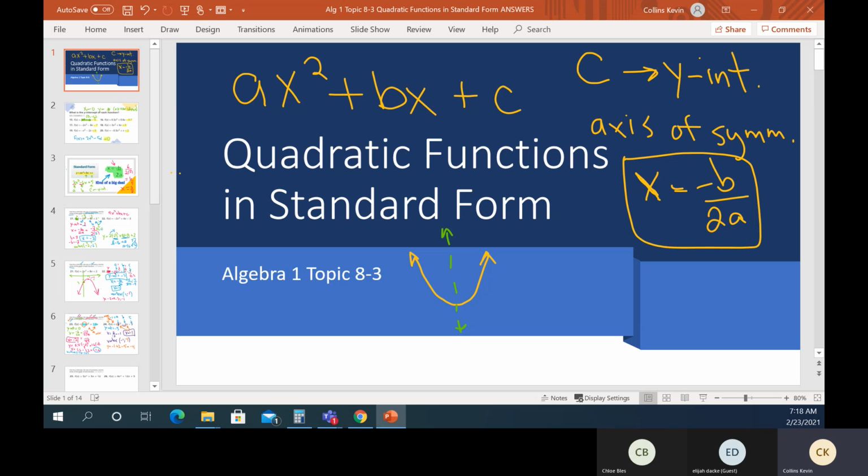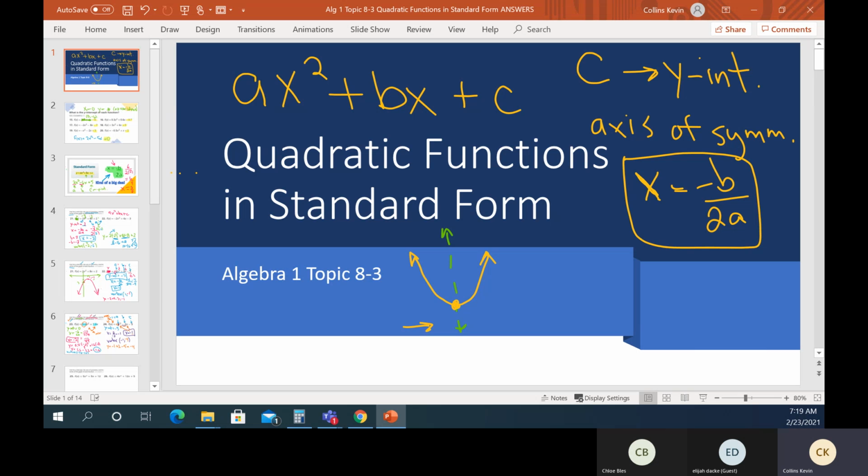So basically whatever the number is in front of b, you switch the sign, and then divide it by whatever a is and double it on the bottom. What that x value gives you is the axis of symmetry, x equals some number.